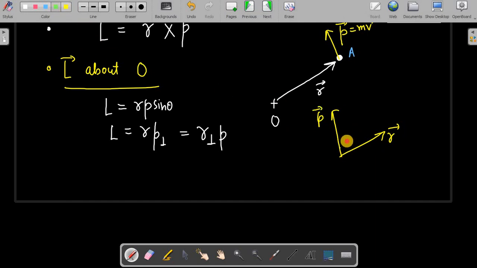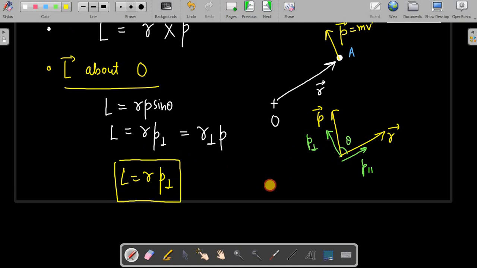And let's say the angle between them is theta. So if I resolve P parallel and perpendicular to R, this is P perpendicular. So you can use this R into P perpendicular, and P perpendicular is nothing but P sine theta.